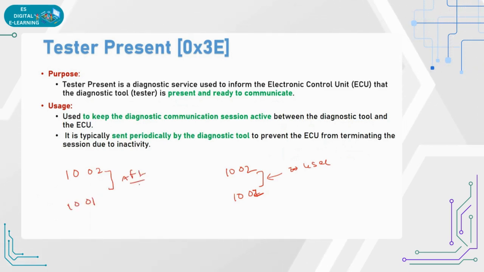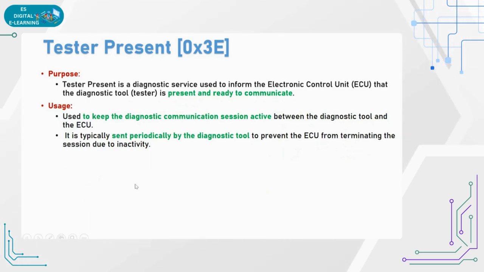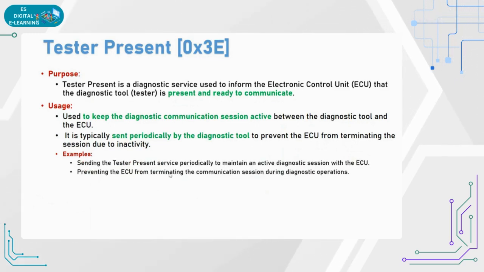So what happens before that? When you send the request 10 02, it stays in the same section. Whatever section you are staying in, the TesterPresent is sent continuously. The tester sends it periodically to keep the section active.